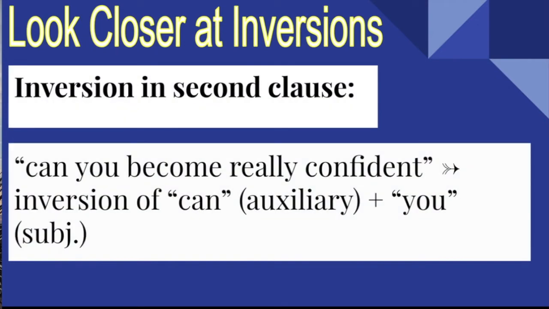But the second clause is where we see the inversion of the auxiliary can and the subject you. Can you become really confident? Normally, if we were writing this in a normal way, we would say you can become really confident. But here we can see the inversion of the auxiliary can and the subject you. This is what's tricky about this advanced grammar.